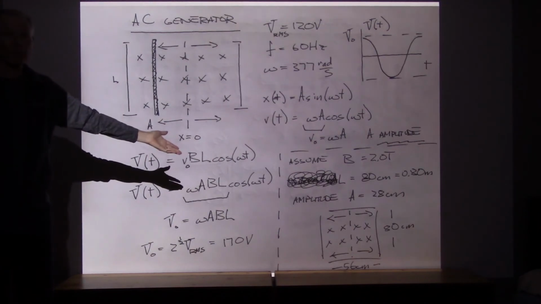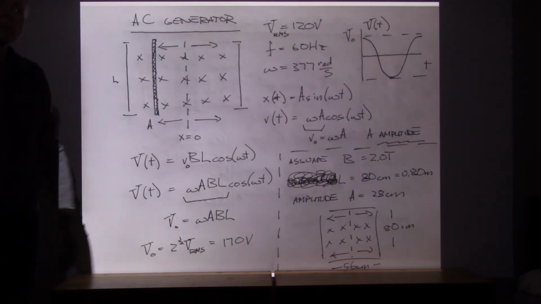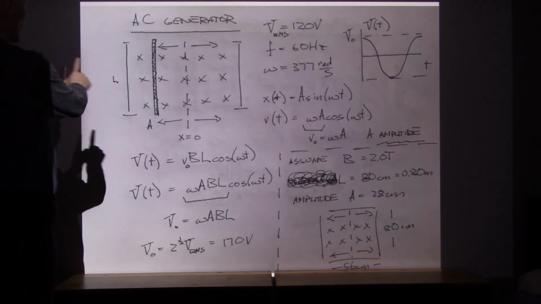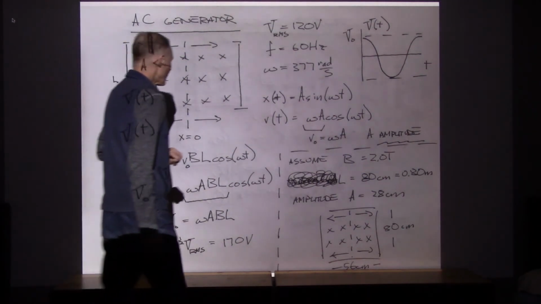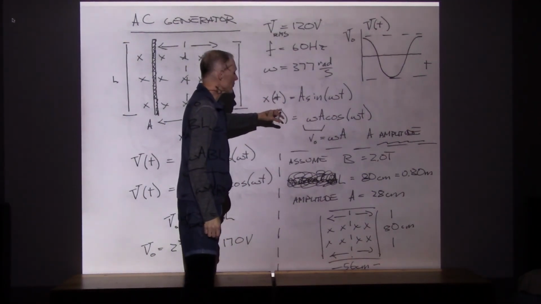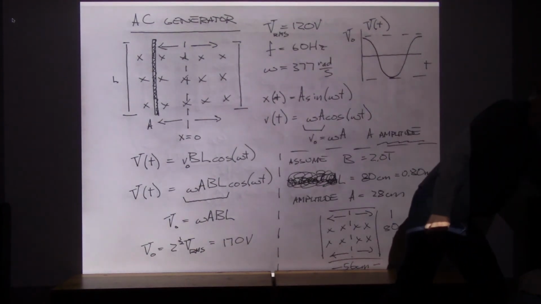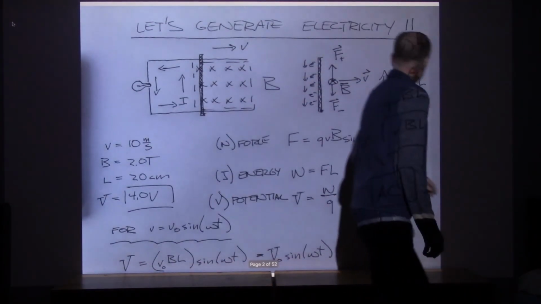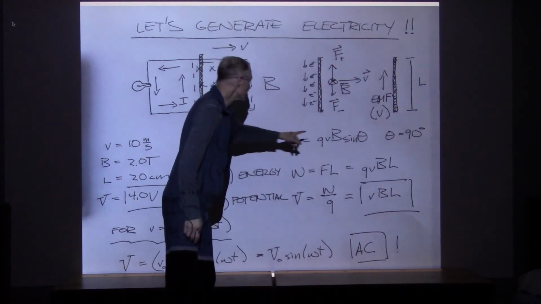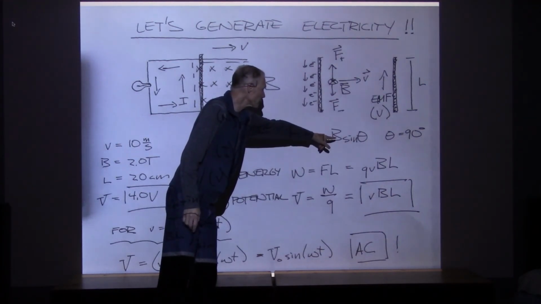And I'll get the same voltage, I'll get the same effect, because if I'm going around in circles, the portion of that velocity is going to be the v sine theta component.